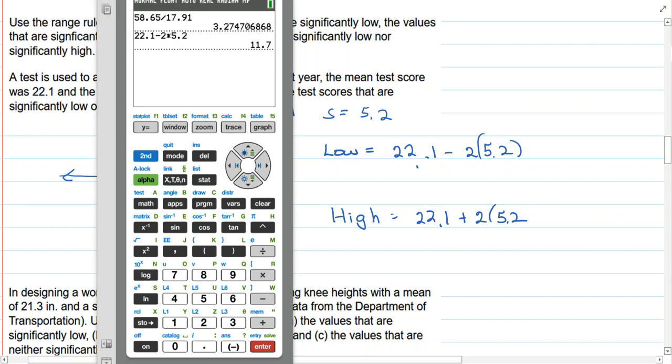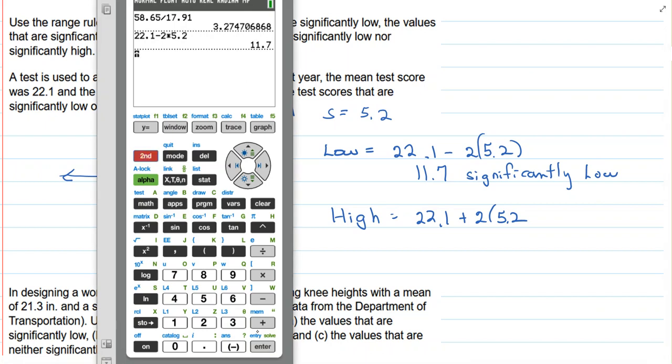11.7, significantly low, or less. 11.7 or less. And then we want a plus there.